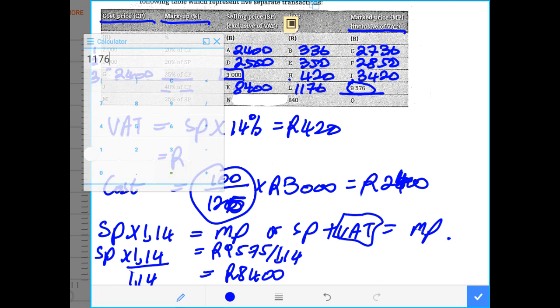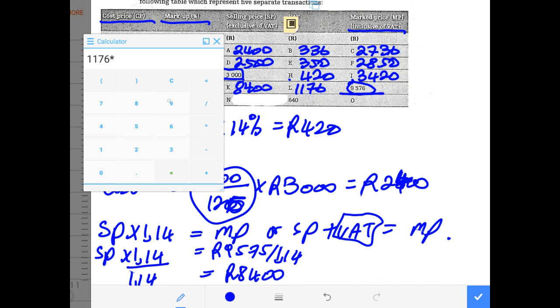So our VAT is 1,176. Let us check. If we say 9,576 minus selling price of 8,400, do we get the same VAT? 9,576 minus 8,400 gives us 1,176.